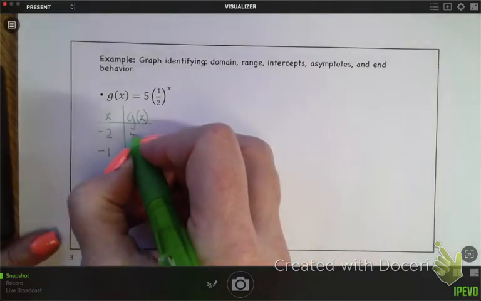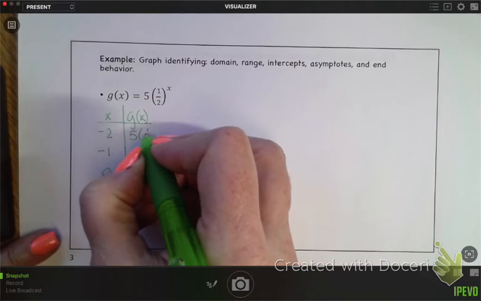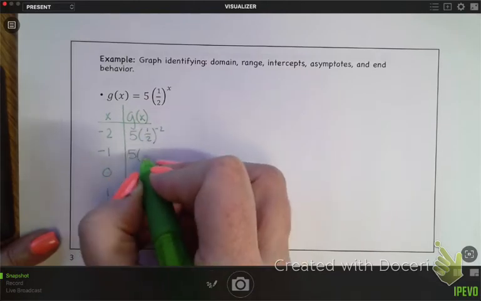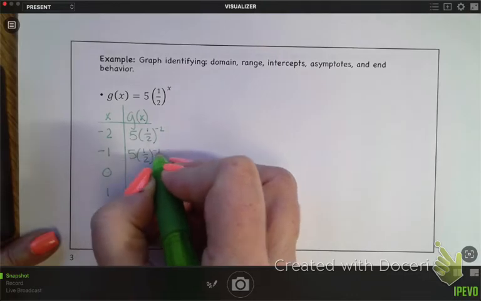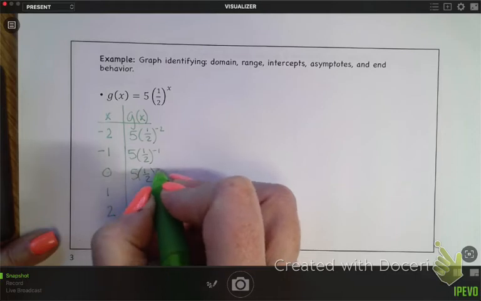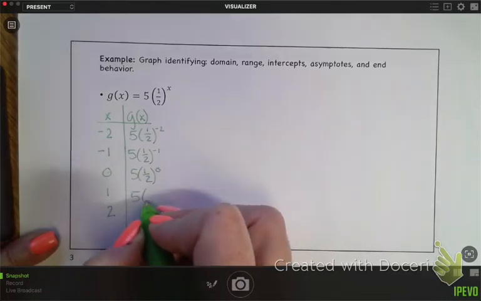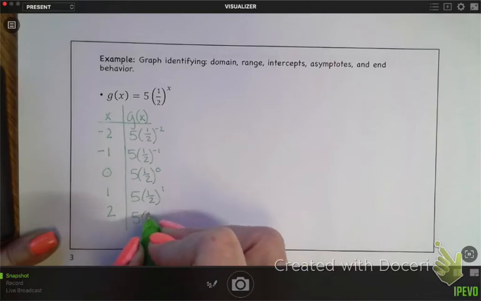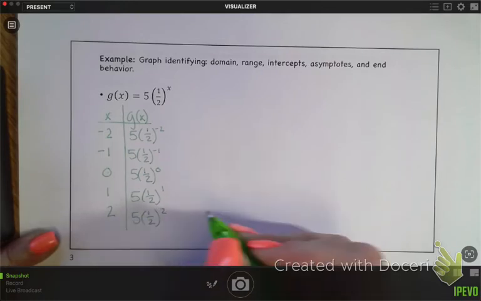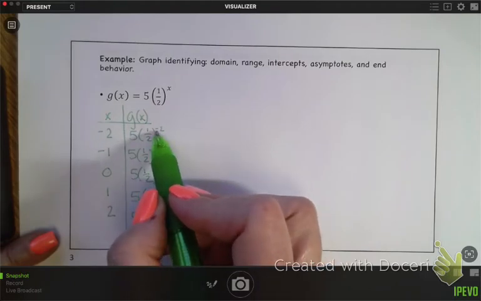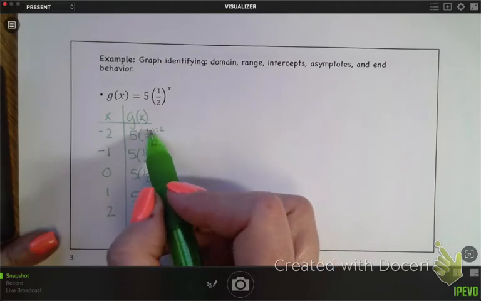Okay, so I'm going to have 5 times 1/2 to the -2. I'm going to have 5 times 1/2 to the -1. I'm going to have 5 times 1/2 to the 0, 5 times 1/2 to the first, and 5 times 1/2 to the second. So let's go back. Remember that negative exponent reciprocates, so if you reciprocate a whole number and get a fraction, when you reciprocate a fraction, you get a whole number.